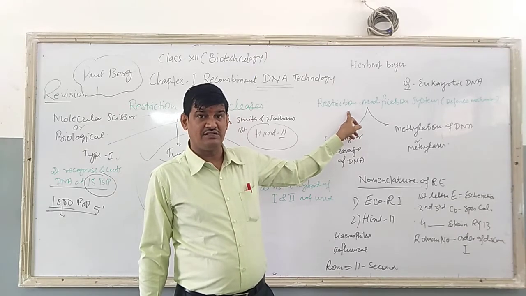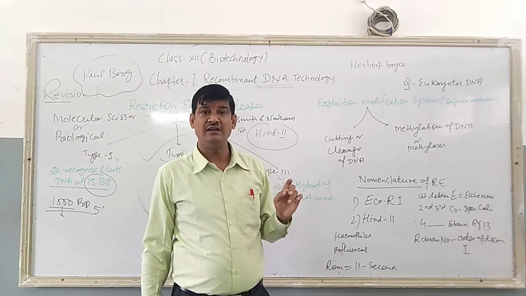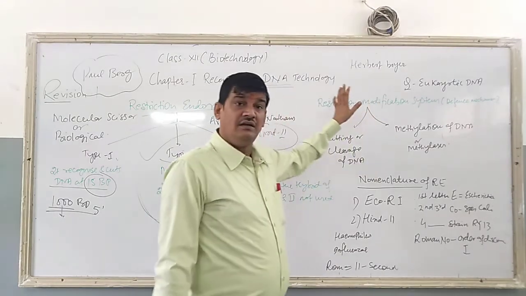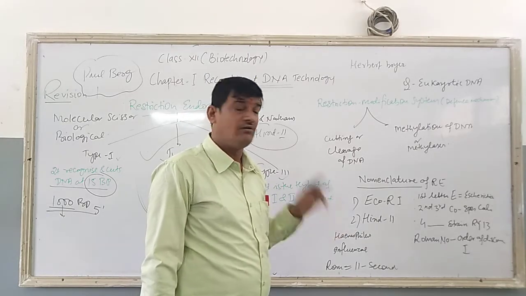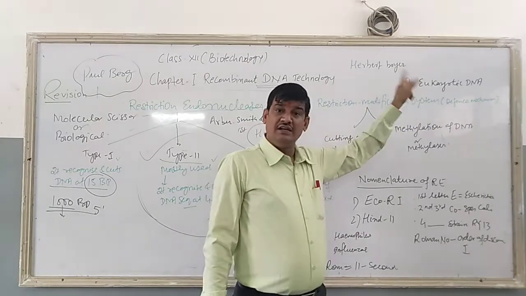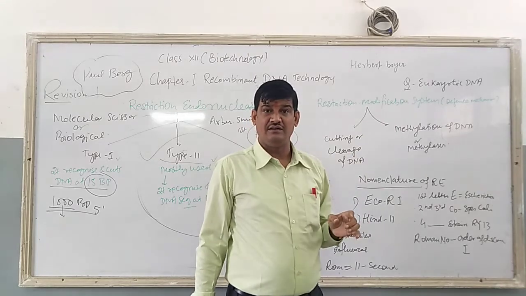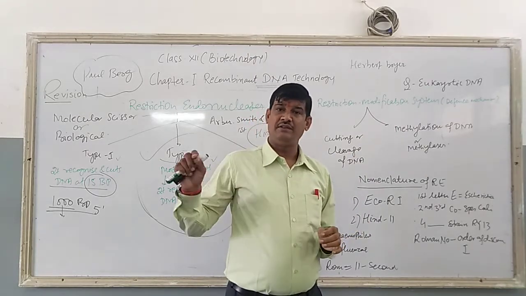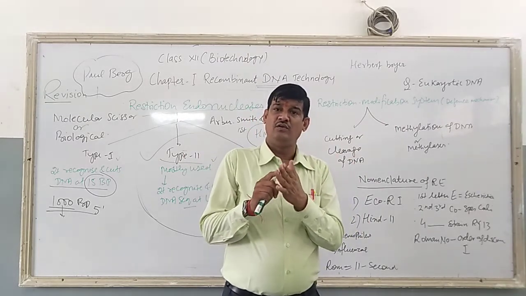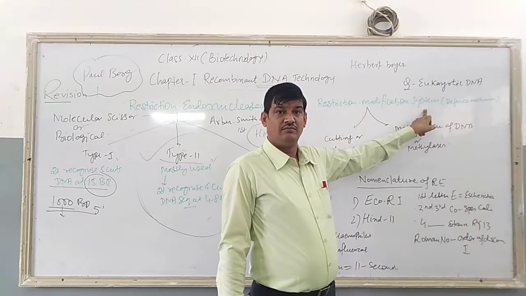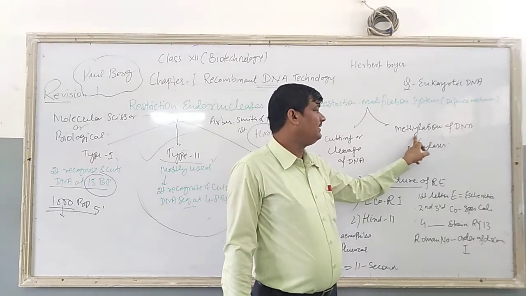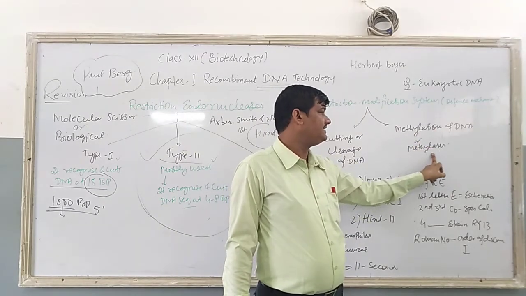Eukaryotic DNA cannot be cut by the restriction enzyme because eukaryotic DNA is highly methylated. It means the terminal end is coated with a methyl group, which we normally call methylation, and the name of the enzyme is methylases.